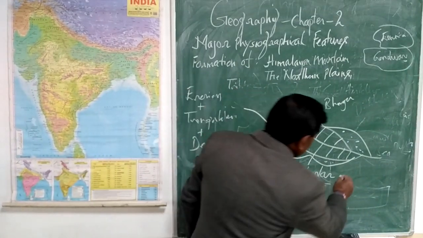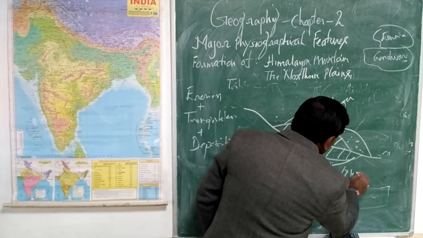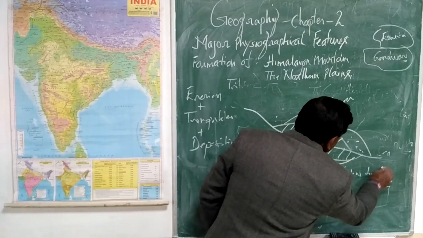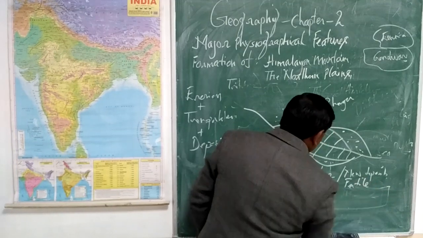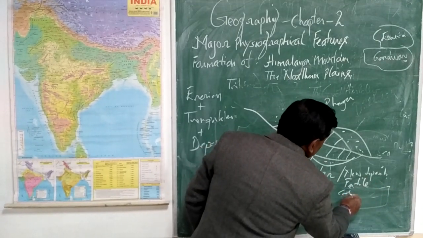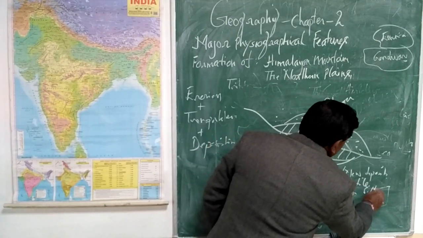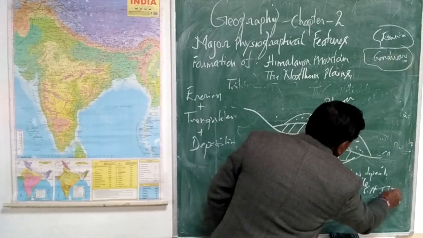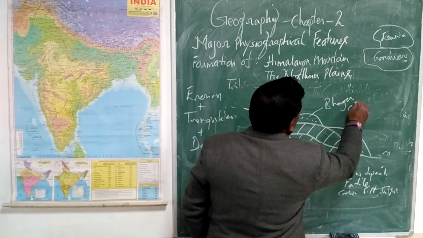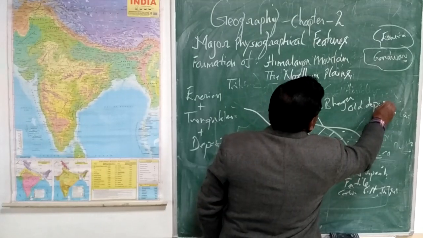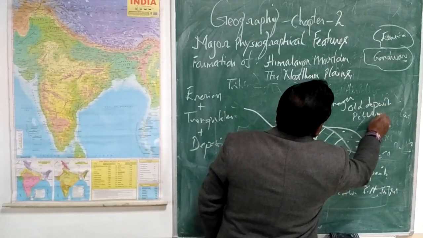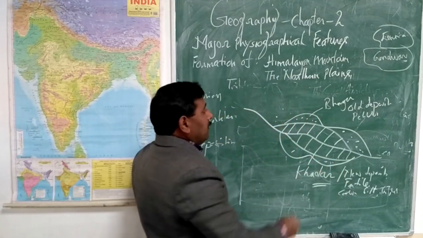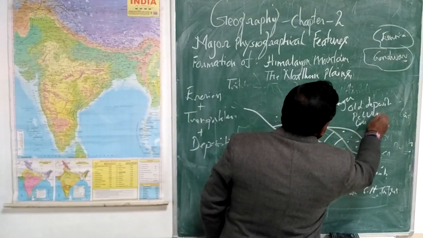So khadar is new deposition, fertile, contains silt, fine particles, whereas bhangar is old deposition, contains pebbles and less fertile.